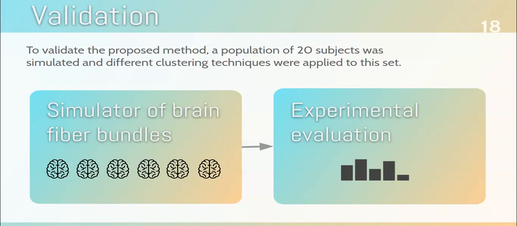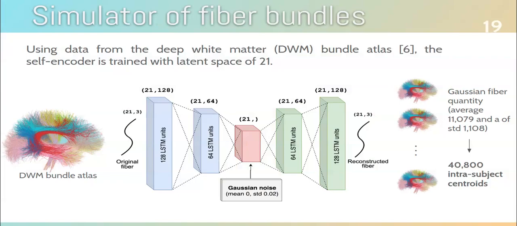To validate the approach and compare it with other methods, we generated a synthetic population of 20 subjects with labeled fascicles. To simulate variability in the fibers, we trained another autoencoder similar to the one presented in phase 2, but this time with a latent space of 21 and using a deep white matter bundle atlas for training.